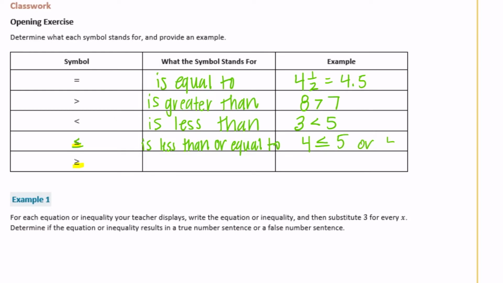Or we could say 4 is less than or equal to 4 because it's equal to 4, so that works. The next one would be is greater than or equal to. So maybe 10 is greater than or equal to 5, we could also say. Or 10 is greater than or equal to 10 because it's equal to 10.